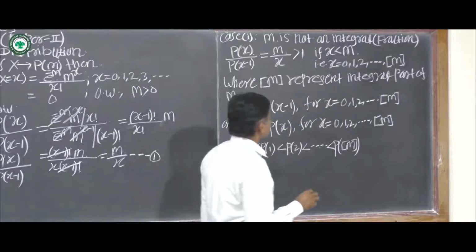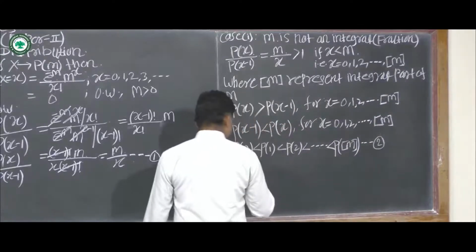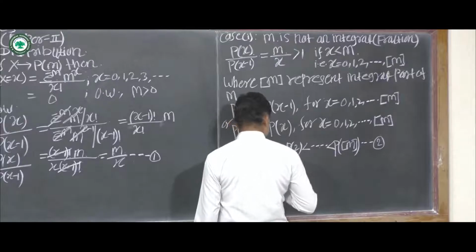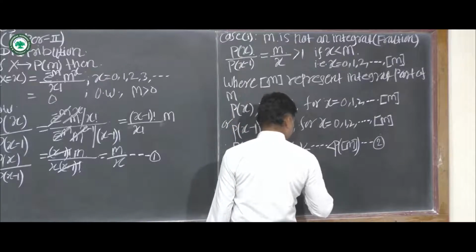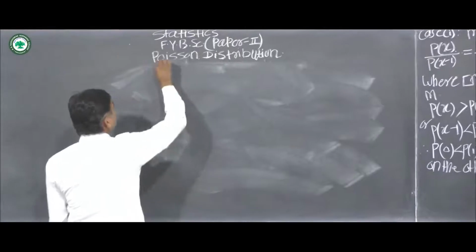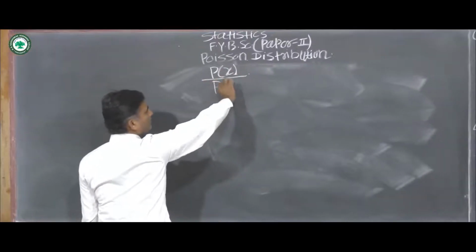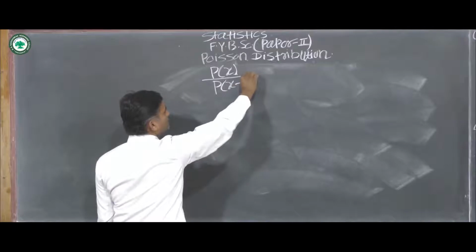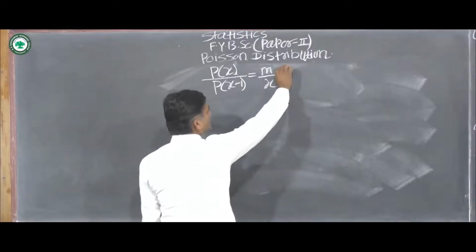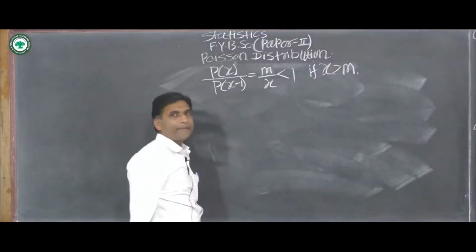Suppose this is equation number 2. On the other hand, we have this ratio: P(x) upon P(x minus 1) is equal to m upon x, which is less than 1 if x is greater than m.